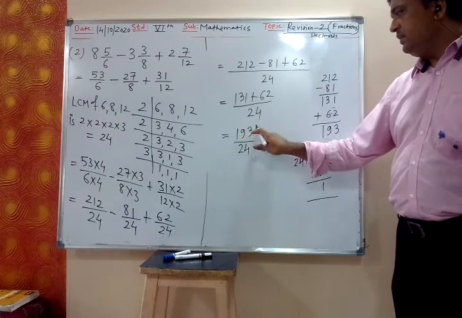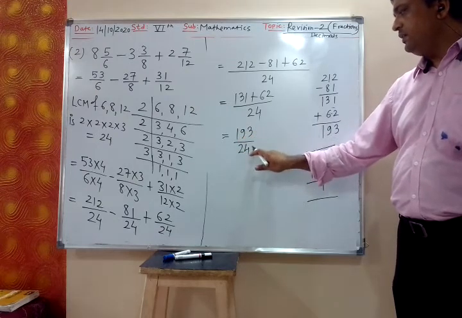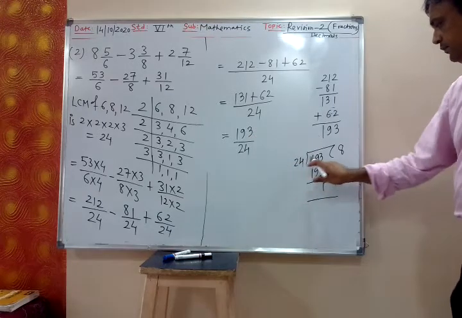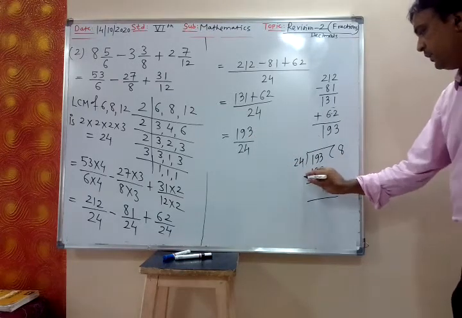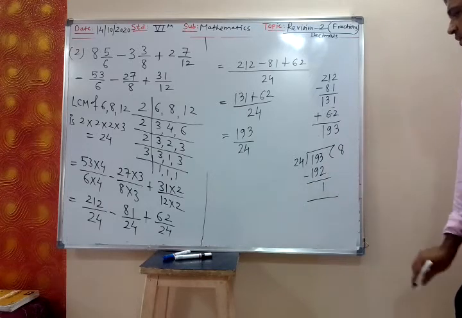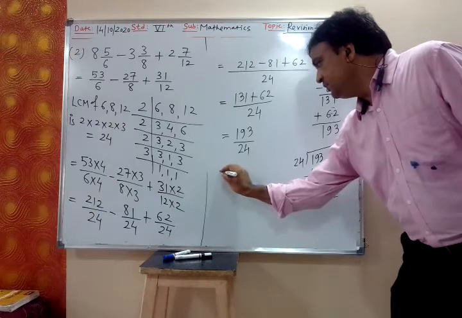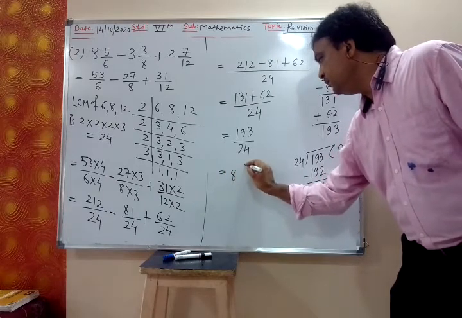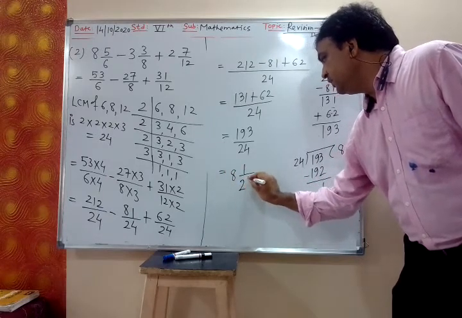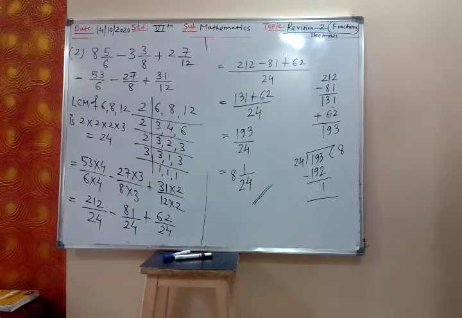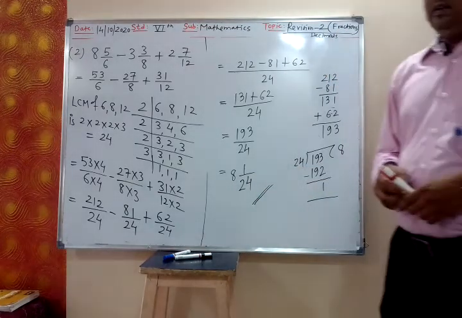To convert 193 upon 24 into a mixed fraction, we have to divide 193 by 24. 24 8s are 192, 193 minus 192 is 1. So this is 8 and 1 upon 24. 8 and 1 upon 24 is the final answer.